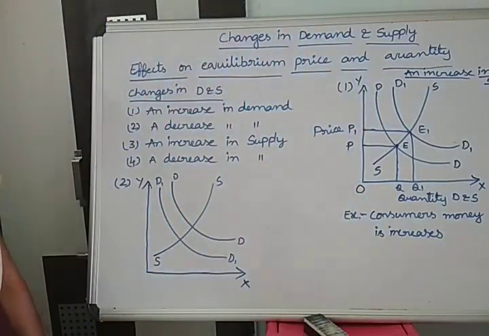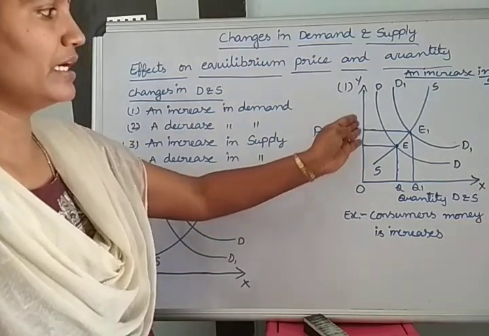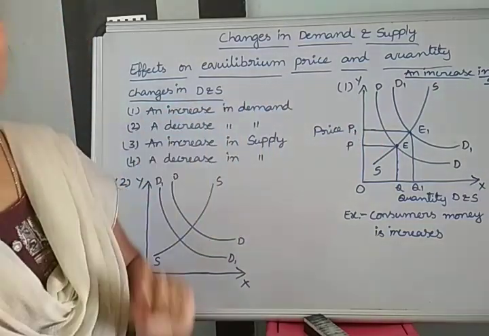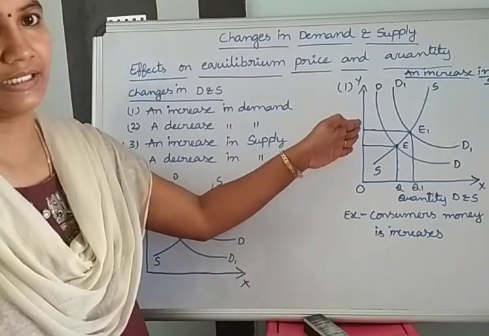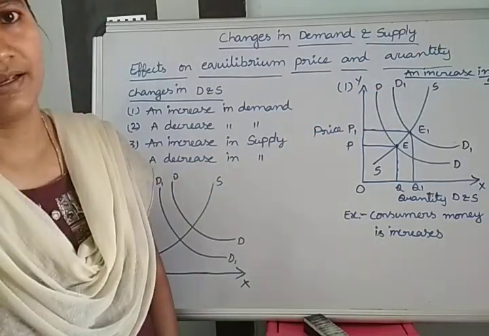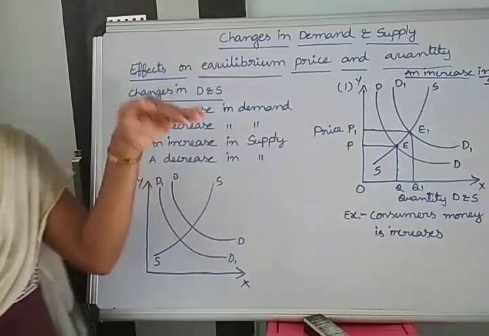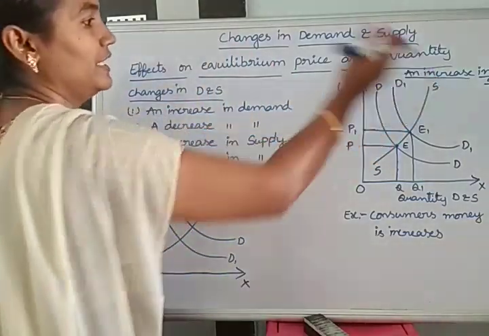Now you may have a doubt. According to the law of demand, when price decreases, demand increases. But here we say price increases when demand rises. The main reason is that there is no change in the supply of the commodity.